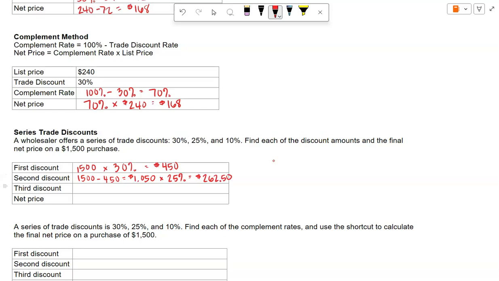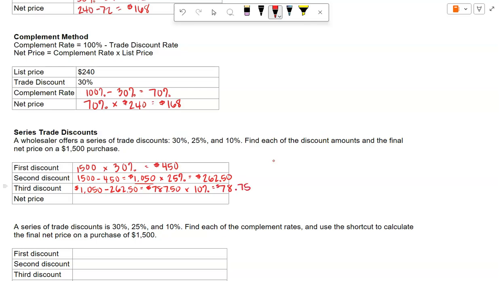My third discount is going to be based on this number: 1,050 minus $262.50. That gives me $787.50, times 10%, which is $78.75.